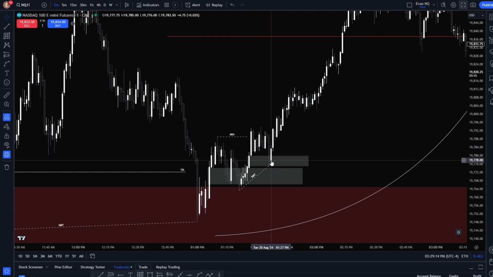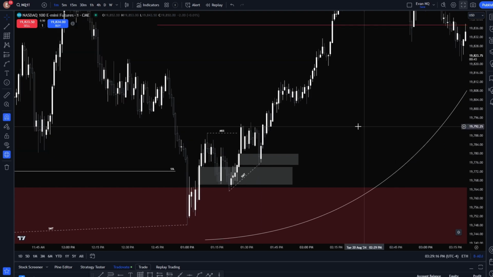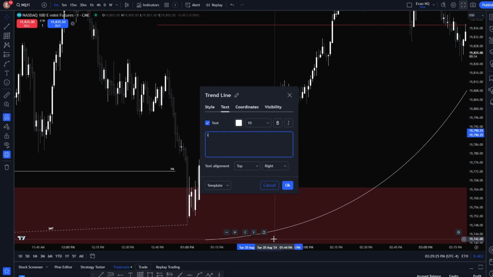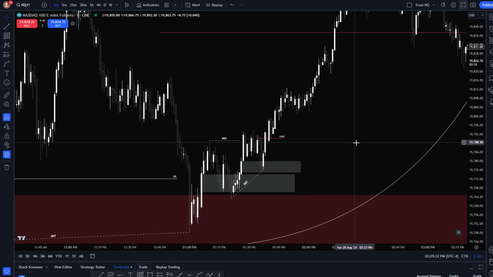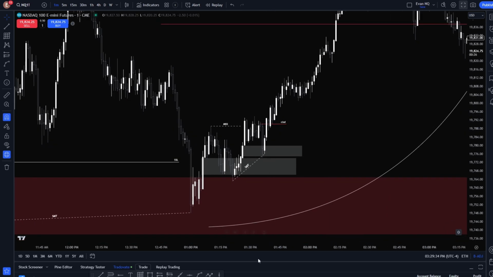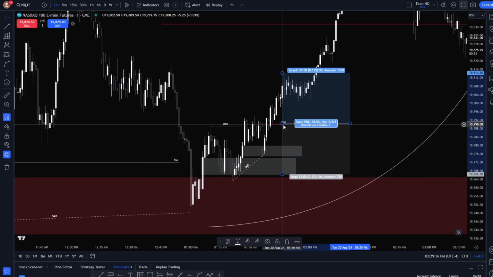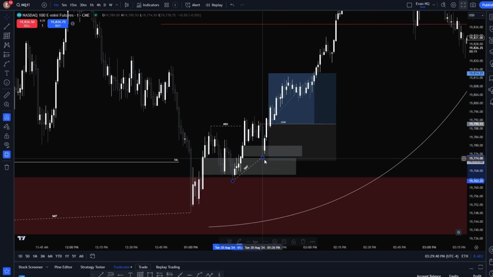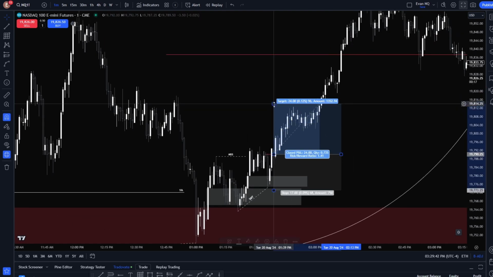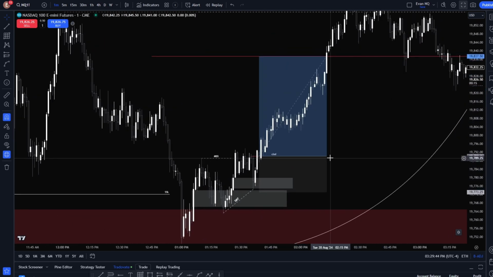Dumped right back into this 1 minute, and then once I waited for more confirmation, once I saw a change in the state of delivery right here, okay, I put it right there. As soon as we got a change in the state of delivery, I entered the trade, and I put my stop below this protected low right here, and I targeted equilibrium.